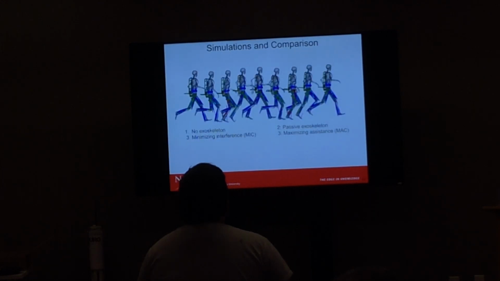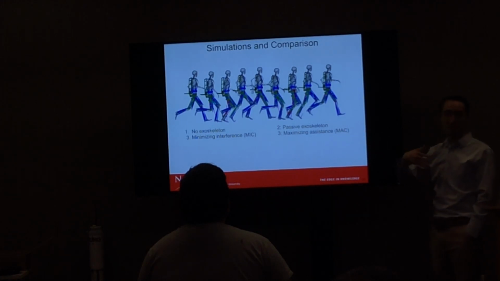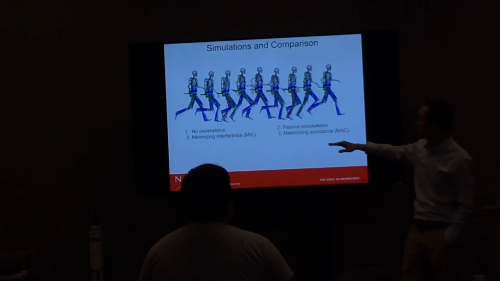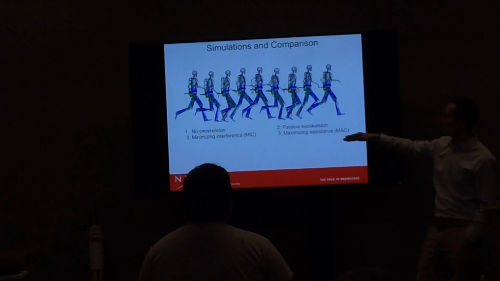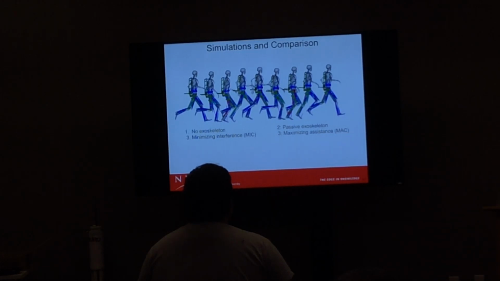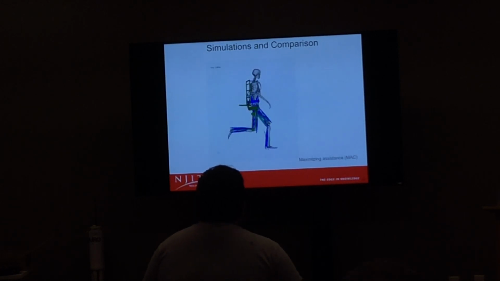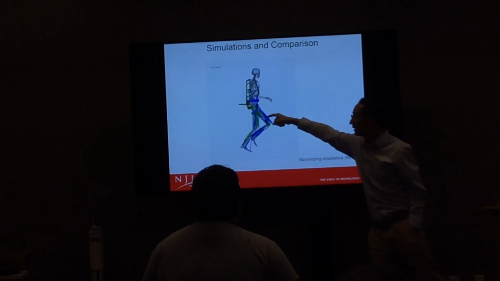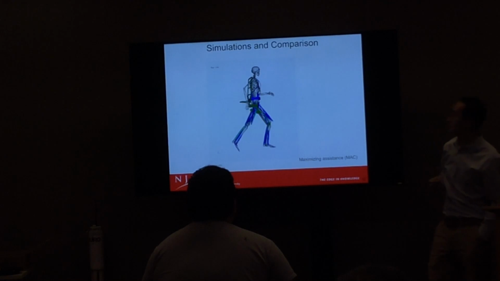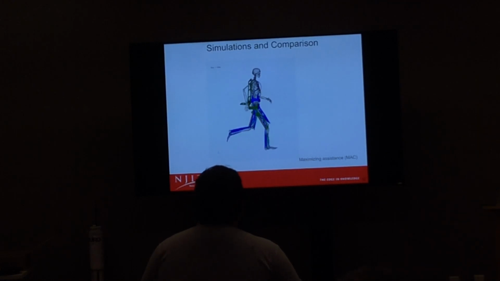What we did is a simulation without any exoskeleton, basically a baseline simulation, and then one with the passive exoskeleton, and the two controllers we designed. This is purely a virtual controller, nothing implemented on the hardware, just virtual simulation. What we found, compared to the previous example, is again a lot of reduction in the quadriceps muscles, which means less activation.